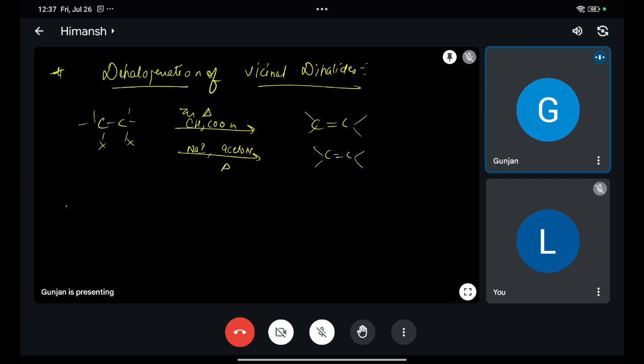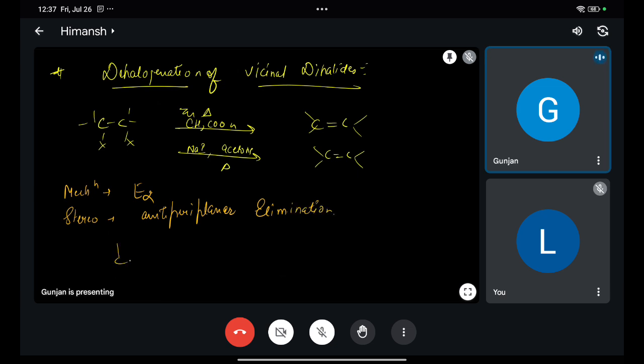The mechanism is E2. E2 elimination happens over here. The stereochemistry is anti-periplanar, which means if they are anti to each other, then elimination will happen.